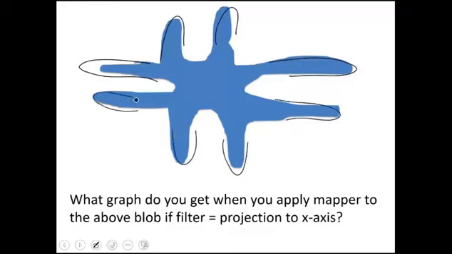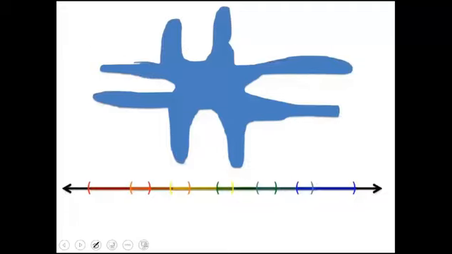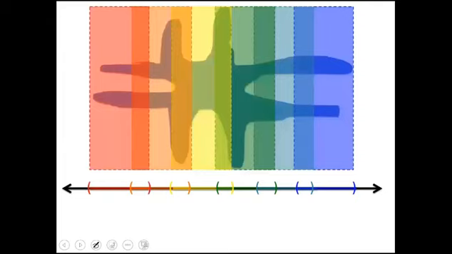So we're going to now apply Mapper to this artificial example. And again, we're going to just do projection to the x-axis for a simple illustration. We again will project to the x-axis, take a cover, take the pre-image of those, so the pre-image of each of these intervals, so that we get these overlapping bins.